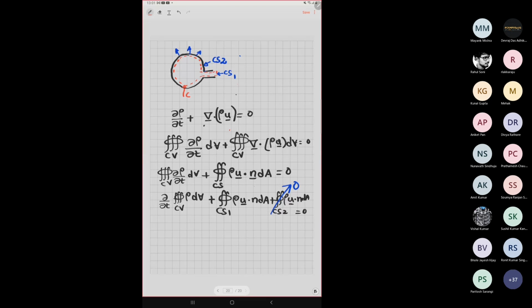The other surface is this one. Zoom in. The velocity is in this direction, and the normal is also in the same direction. So this one is 0. In this surface integral of rho U dot n dA, U is in the i direction, i plus 0j plus 0k, dotted with n dA. n is also in the i direction.